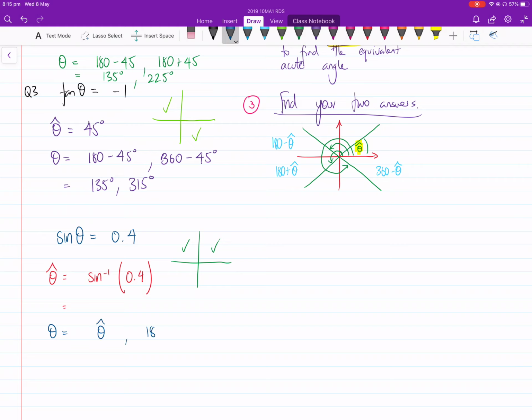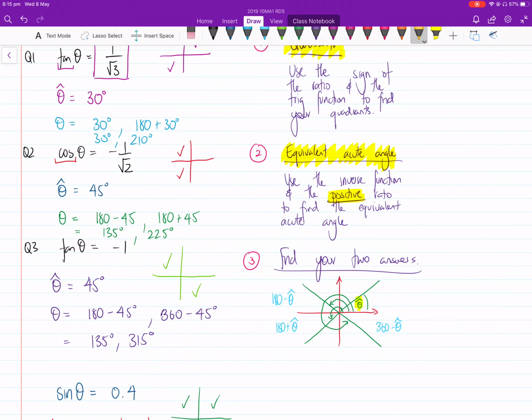But the next answer is definitely going to be 180 minus whatever that happens to be. So once you work these out, you might want to save them in your calculator, or just remember to use them again to work out what your final answer is. We'll talk about rounding to the nearest minute a little bit later on. It's not super important, so to 1 decimal place is totally fine.